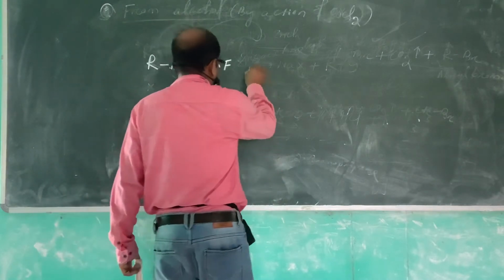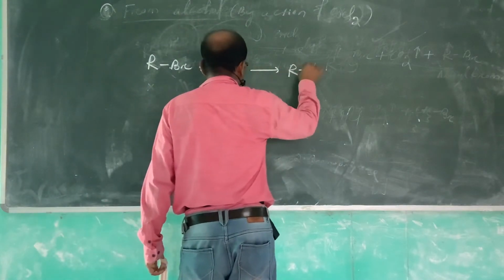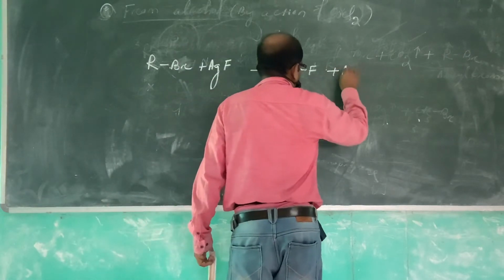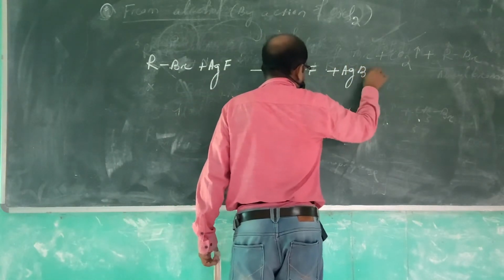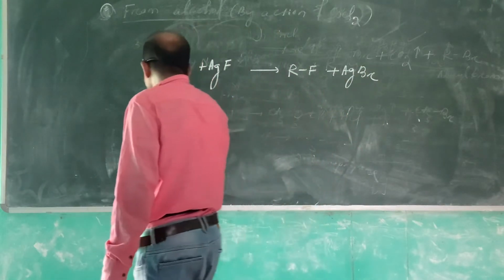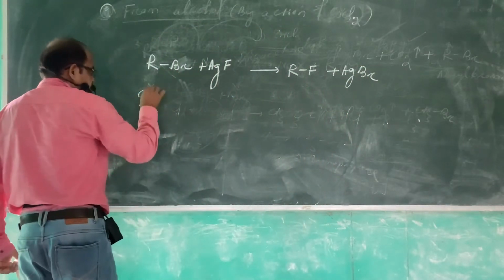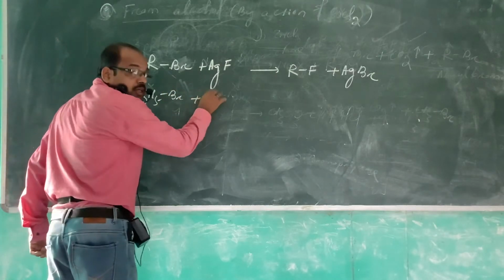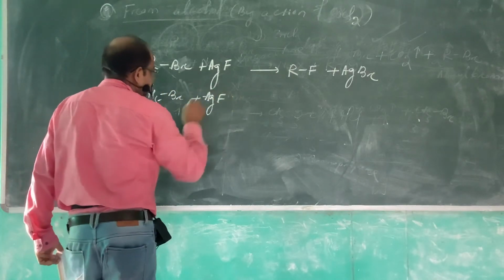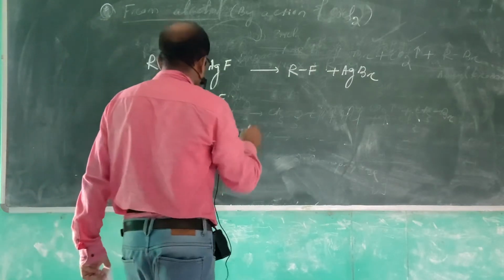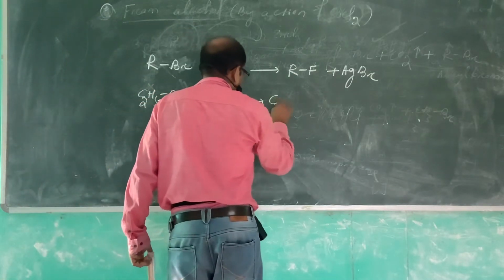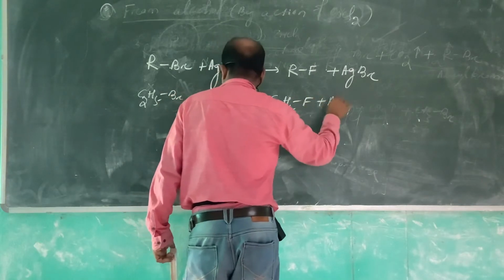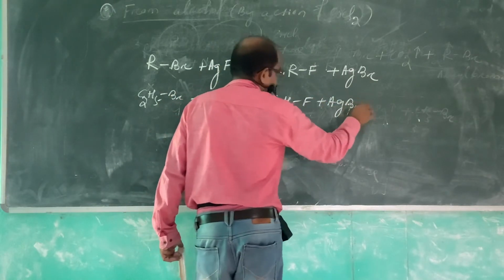Then we can get RF, alkyl fluoride, plus silver bromide. Ethyl bromide, C2H5Br, when it reacts with silver fluoride, gives rise to ethyl fluoride plus AgBr.